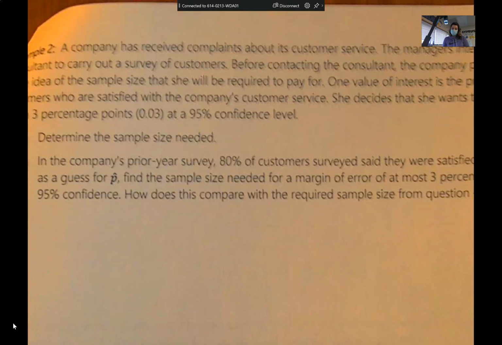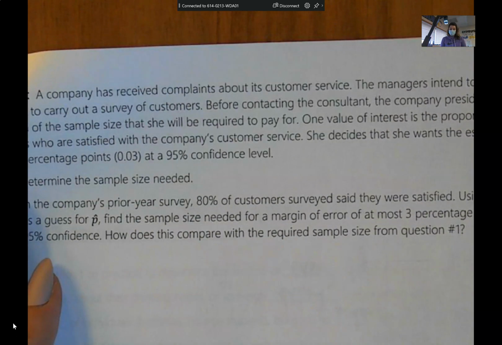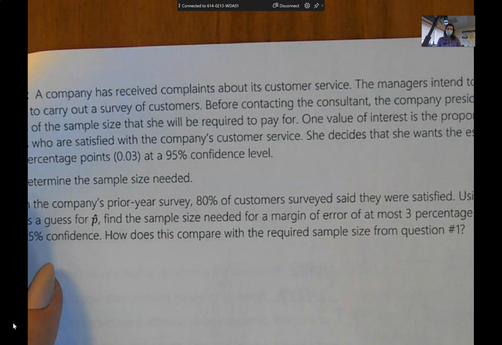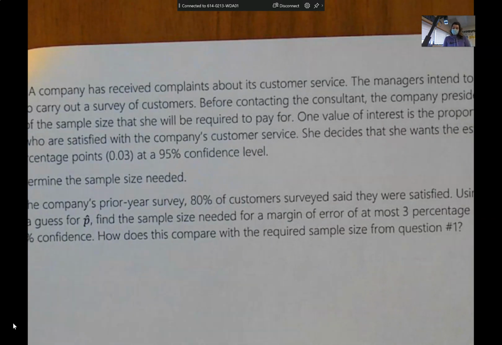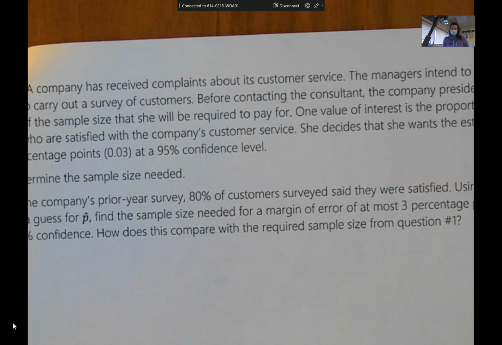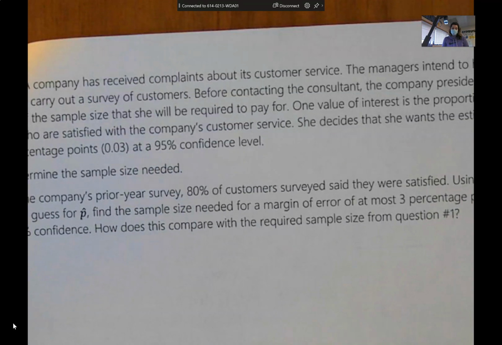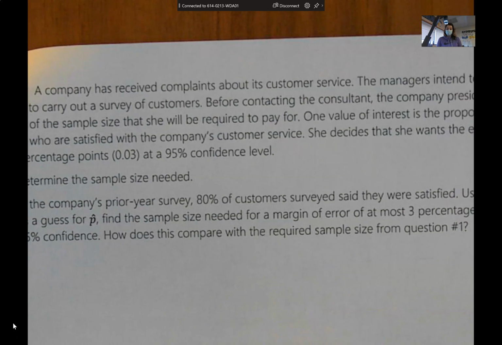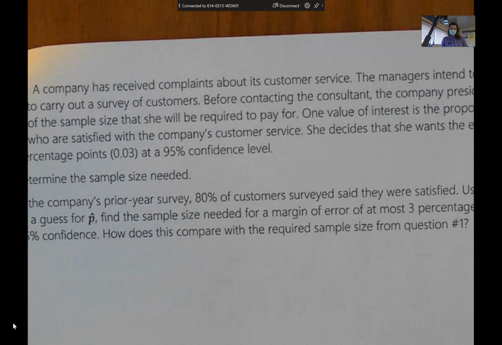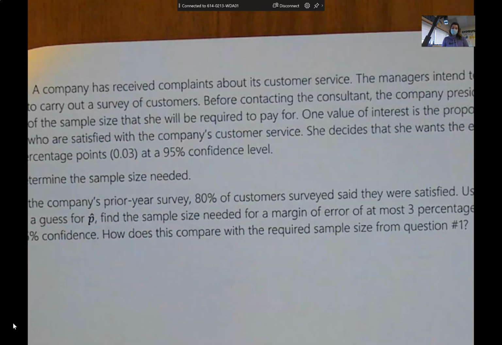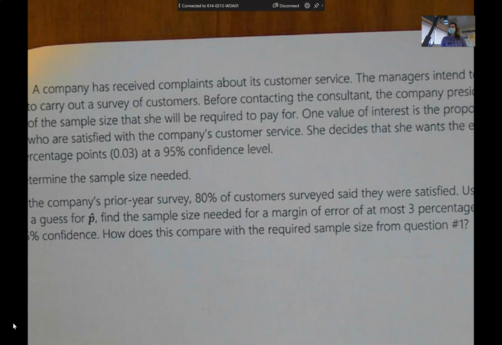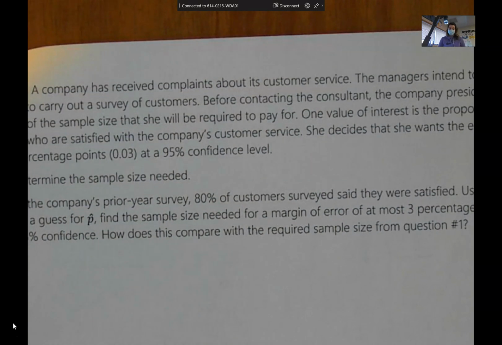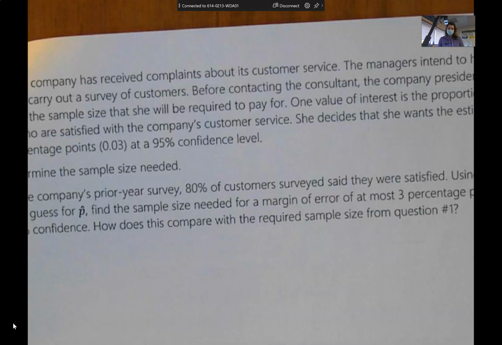A company has received complaints about its customer service. The managers intend to hire a consultant to carry out a survey of customers. Before contacting the consultant, the company president wants some idea of the sample size she will be required to pay for. One value of interest is the proportion of customers who are satisfied with the company's customer service.